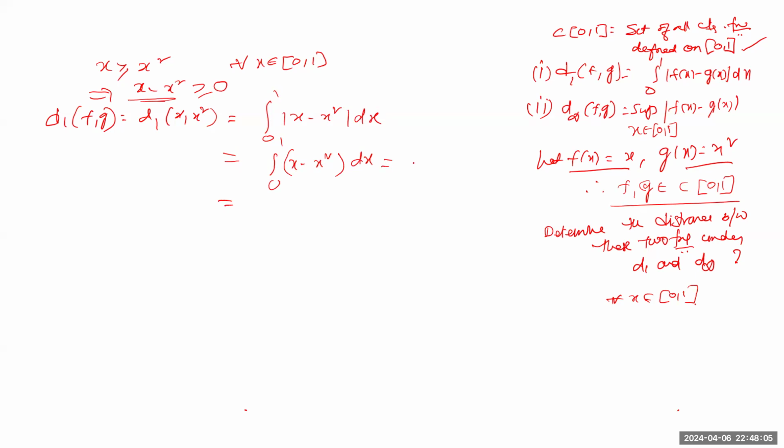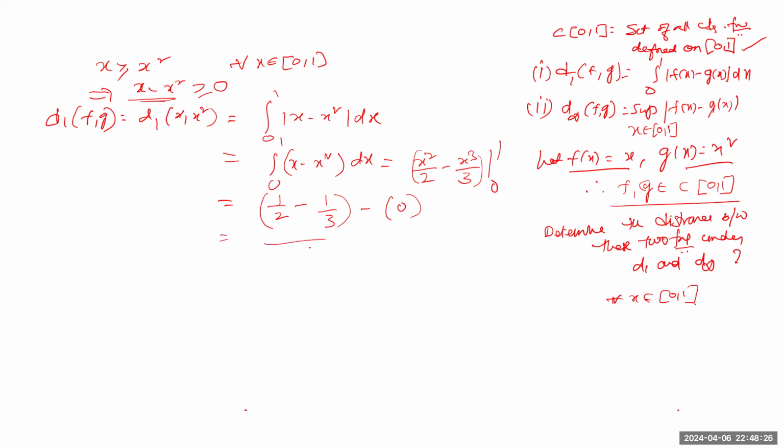The integral of x is x squared by 2 and of x squared is x cubed by 3, from the limits 0 to 1. So that is 1 by 2 minus 1 by 3 minus 0.